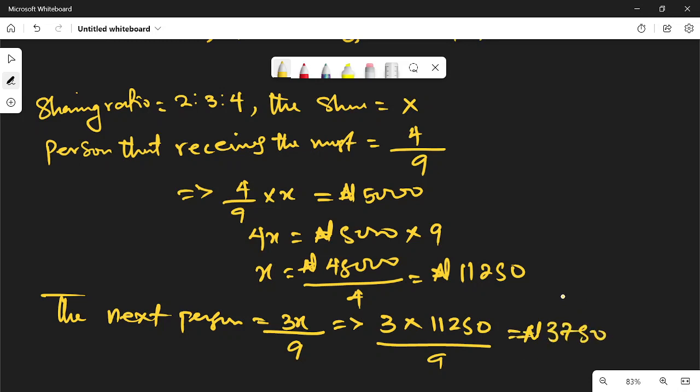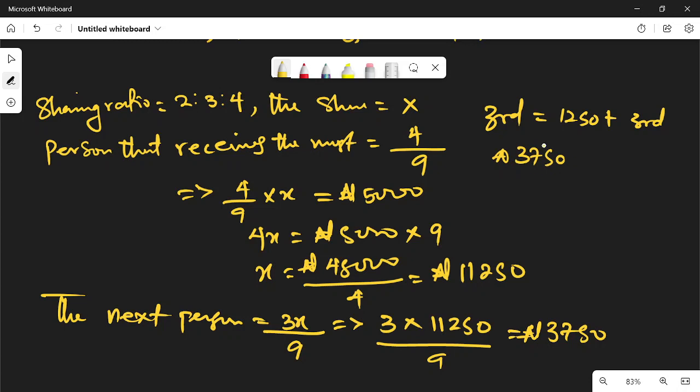That will give us 3,750. So if the person collects 3,750, and we are told that the difference between the third person's money and the second person's money is 1,250, what it means is that if you add 1,250 to the third person's money, your result is going to be 3,750.